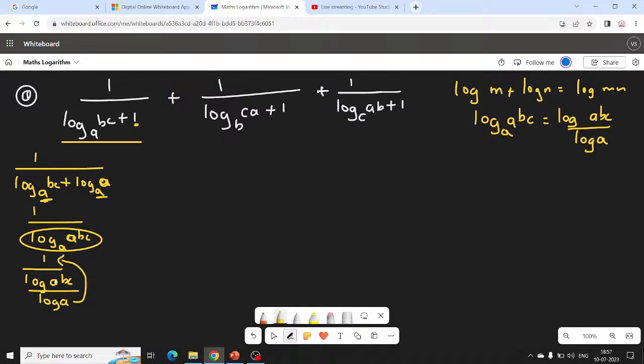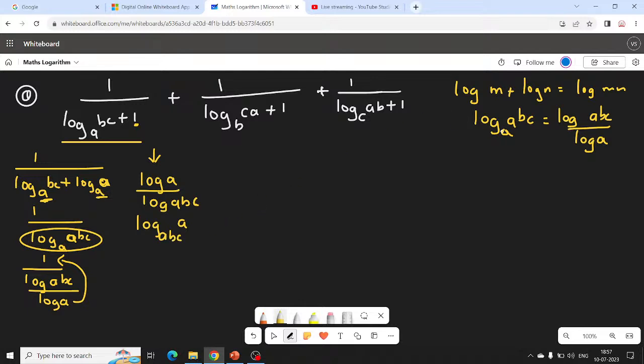It goes to the numerator. So the first term becomes log A divided by log ABC. This is the first term. Okay, now can I write this as log A to the base ABC?